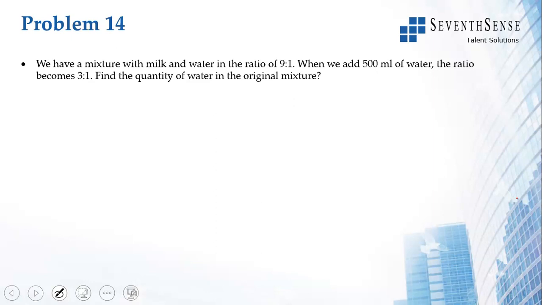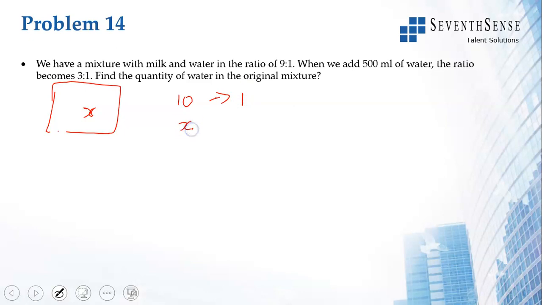So let us assume that this tank where the mixture is has X liters. In X liters, how do you find how much water was there previously? In 10 parts, I have 1 part of water, right? 9:1, right? In 10 parts, I have 1 part of water and 9 parts of milk.